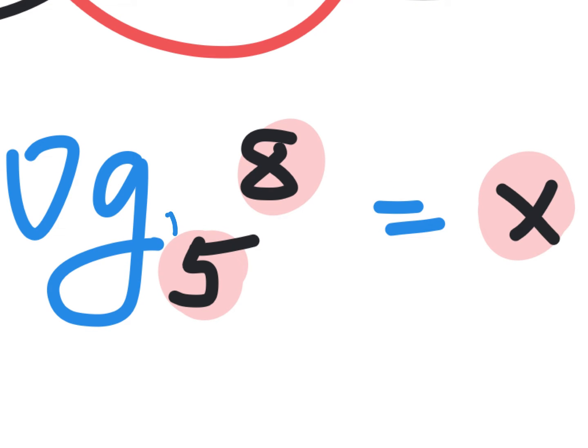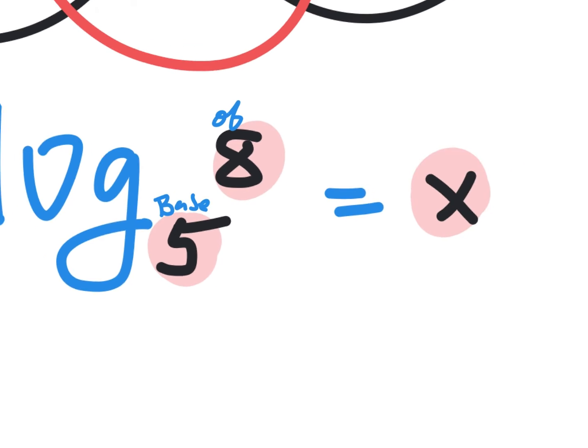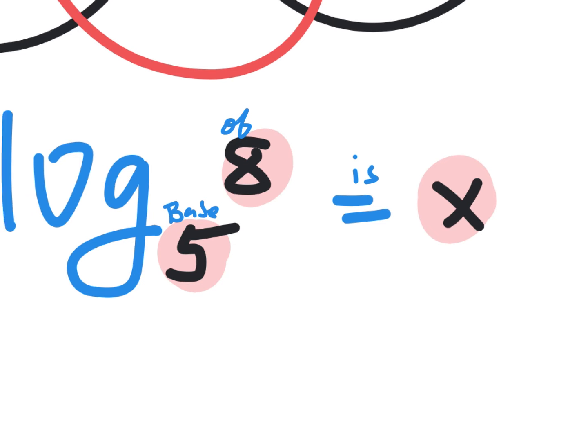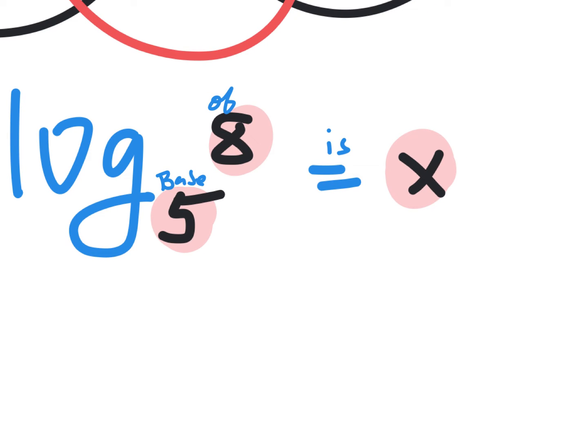You say log base 5 of 8. And then this last part, you could say equals, or you could say is. I think it's more common to just say equals, but log base 5 of 8 is x. Get how to say that?